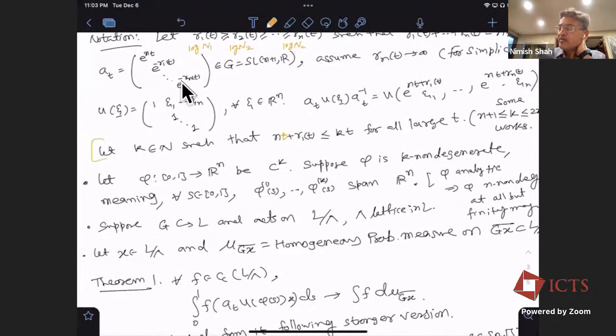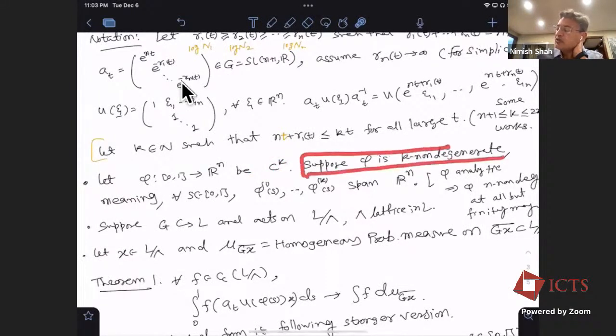So let phi into R^n be a C^k map. You don't need all of C infinity; it's enough to have C^k for some large enough k. I'm going to approximate my curve using a Taylor expansion of order k. Now I assume that phi is k-non-degenerate. This concept was used by Kleinbock and Margulis to say that my function is curvy in some way. What does it mean?